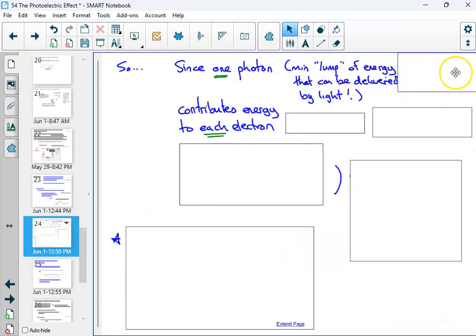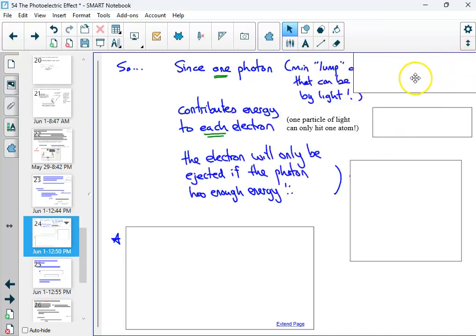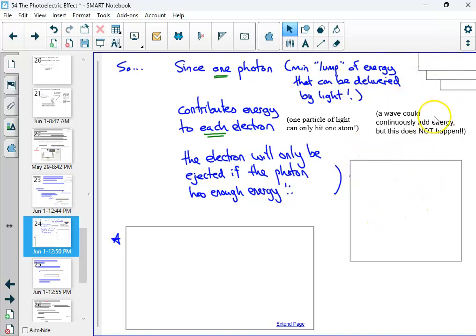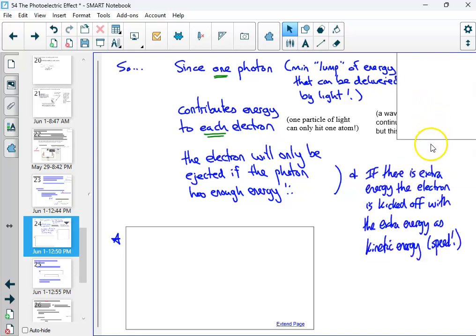Since one photon contributes energy to one electron or one atom, the electron will only be ejected if that photon has enough energy. A wave could continuously add energy and build up over time and eject things eventually, but that is not observed to happen.